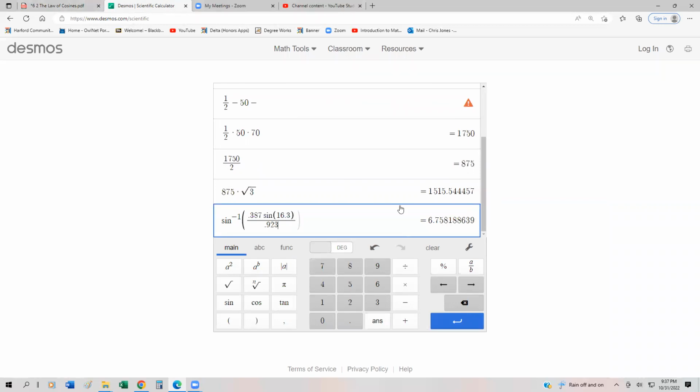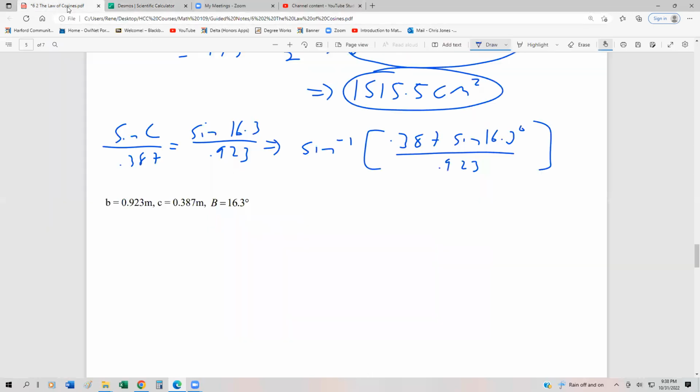Punching that into the calculator gives me 6.76, so we could just say 6.8 degrees. All right, so that's a pretty small angle, and that's going to be angle C. That makes sense because if this one is only 16.3 and this is a relatively bigger angle than this one, then that works.